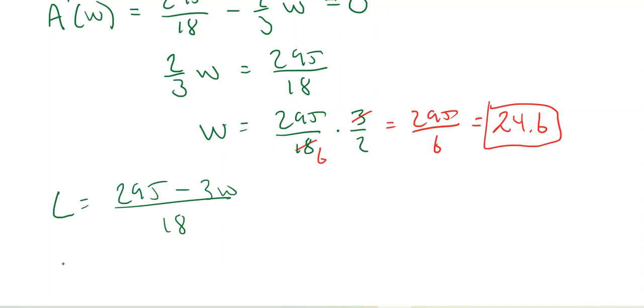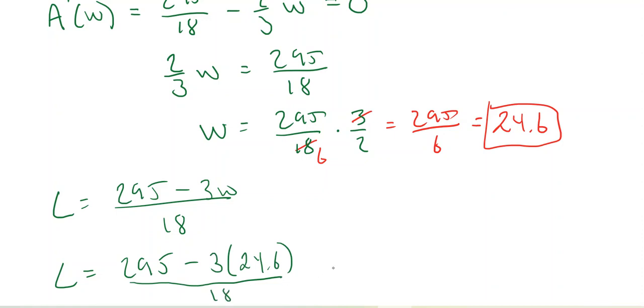Substitute in W, 295 minus 3 times 24.6, all divided by 18. And this should end up being approximately 8.2 when you round it to one decimal place, 8.2.